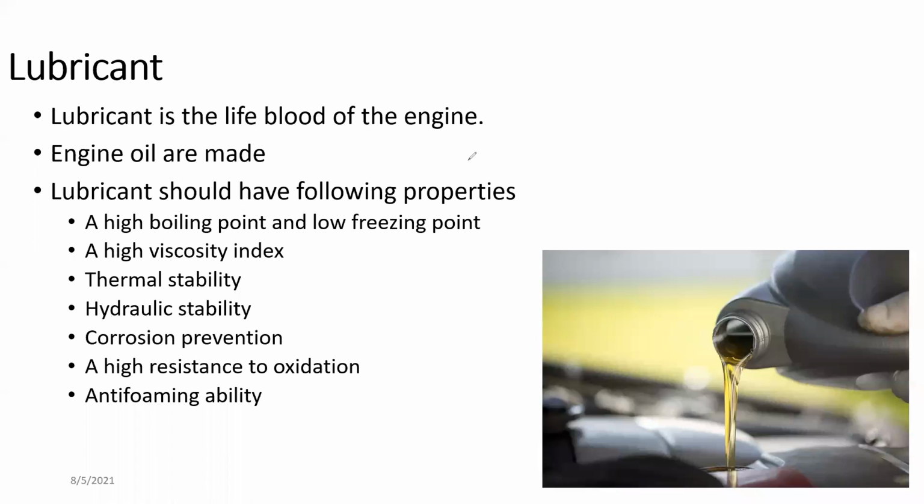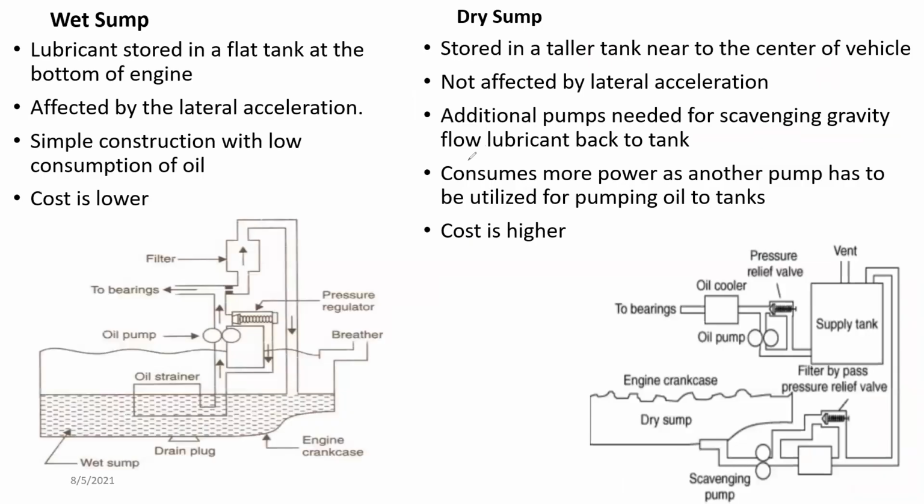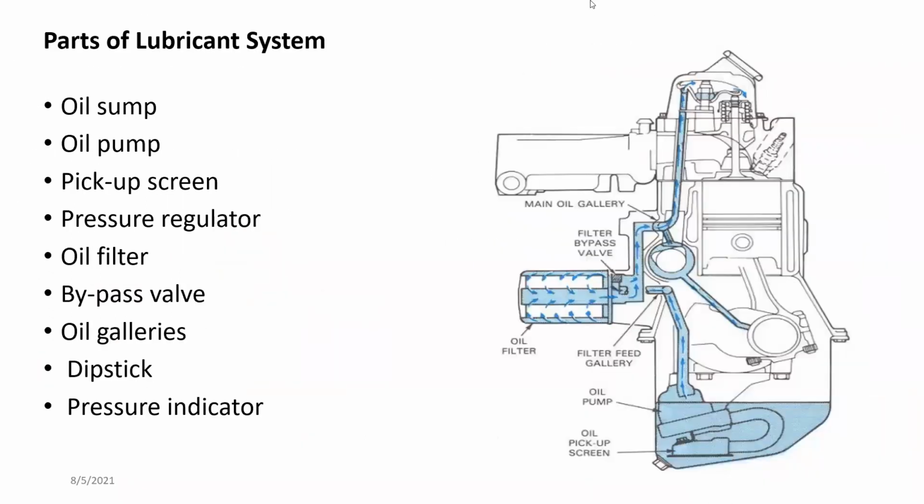Anti-foaming ability. When the engine is working inside, as you can remember from this image, when the crankshaft and piston are moving, the crankshaft is going to contact the lubricant.